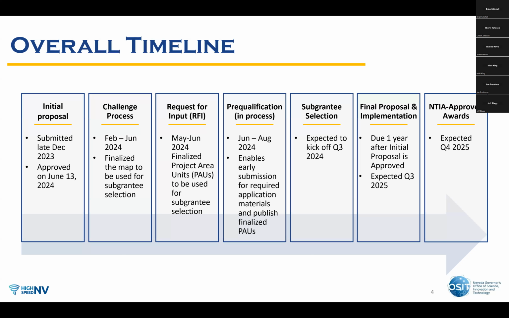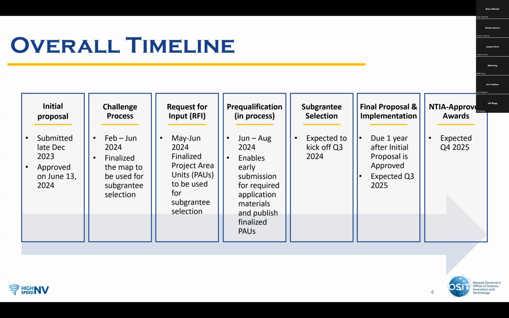So moving on, just a quick overall timeline here. That initial proposal, including Volume 2, was submitted in late December of last year. It was approved on June 13th. The challenge process, as you know, was run earlier this year, which determined the map that gives us all of the eligible locations that can be used in OSIT's grant program in selecting subgrantees under the BEAD program.